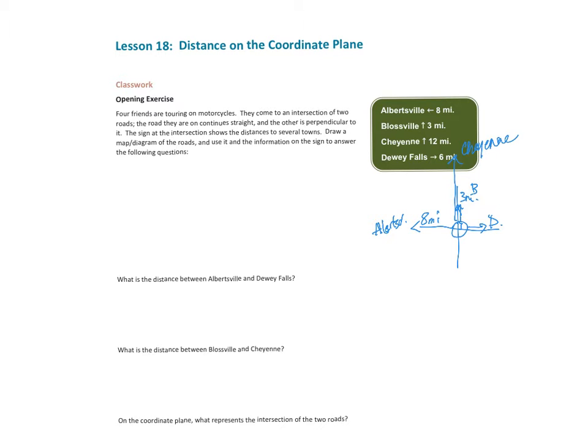So if I went, I don't know, does it say that I'm supposed to draw anything? I would say I would draw. Okay, so here's the 0 point. And it said I went this far, right? 8 miles for Albertsville. And then Dewey Falls was this far, 6.